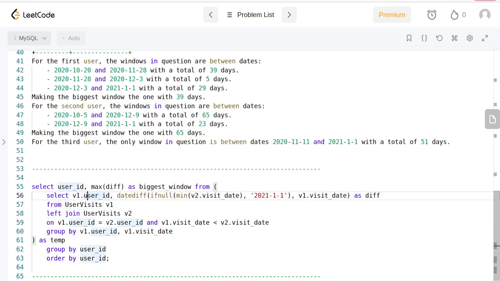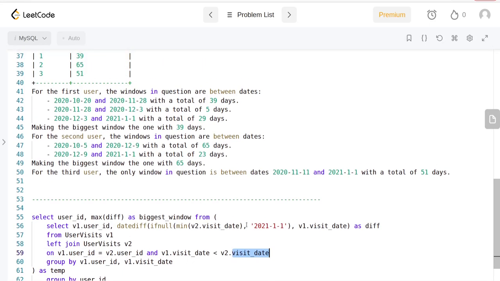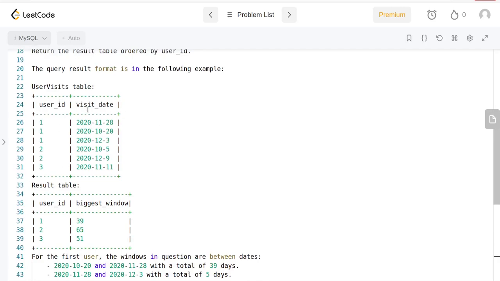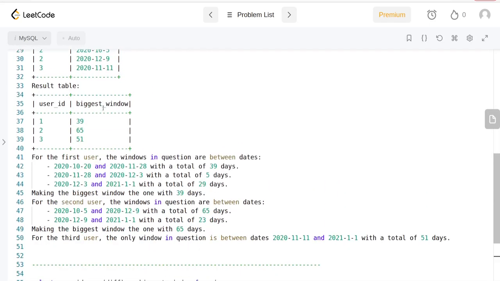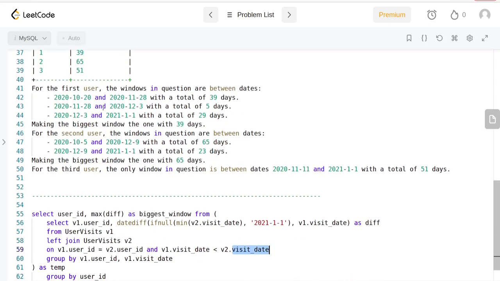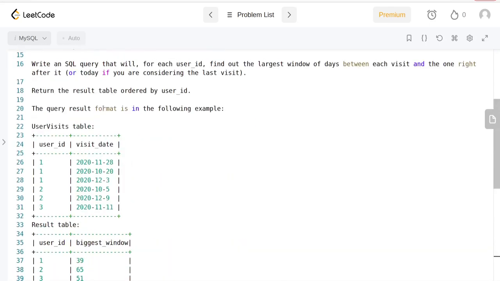We are selecting from user visits as v1 joined with user visits as v2, wherever the user ID is the same and the visit date of v1 is less than the visit date of v2. We're going to have another copy of the table and do the joining wherever the user ID is the same and this date is less than the next date.